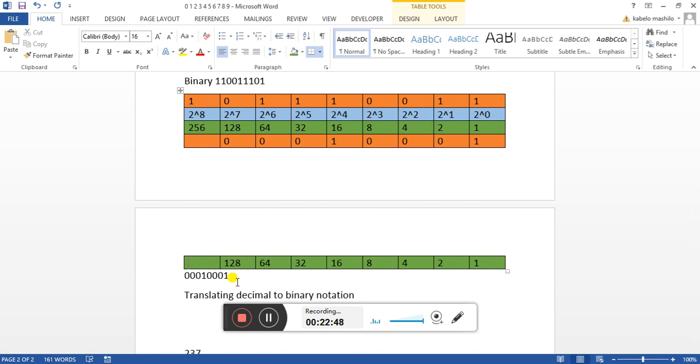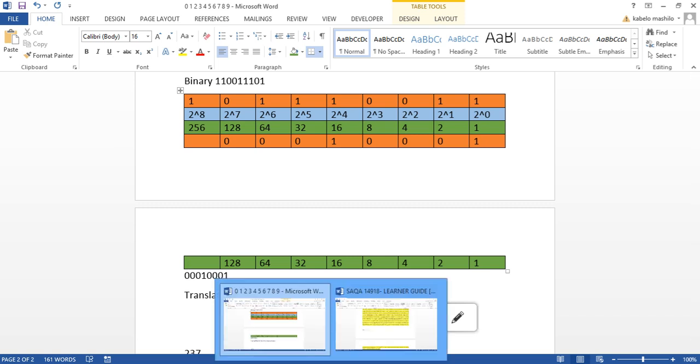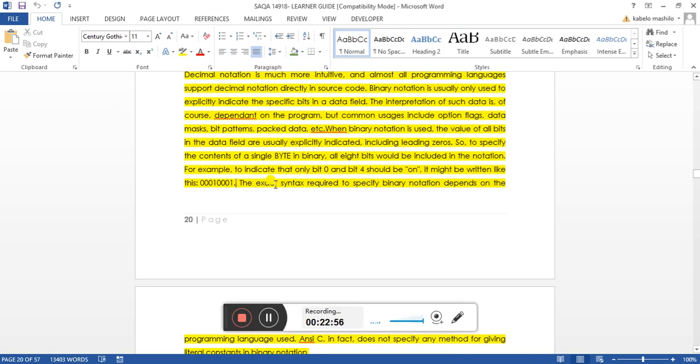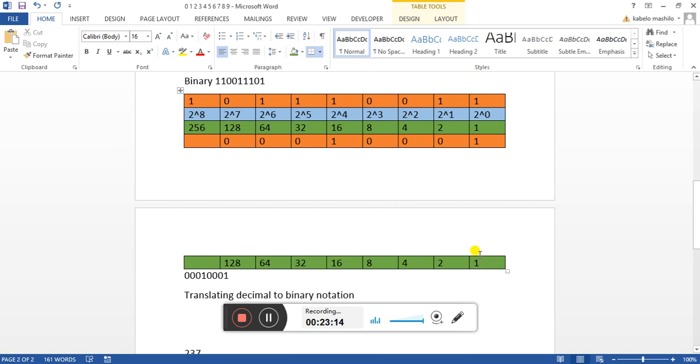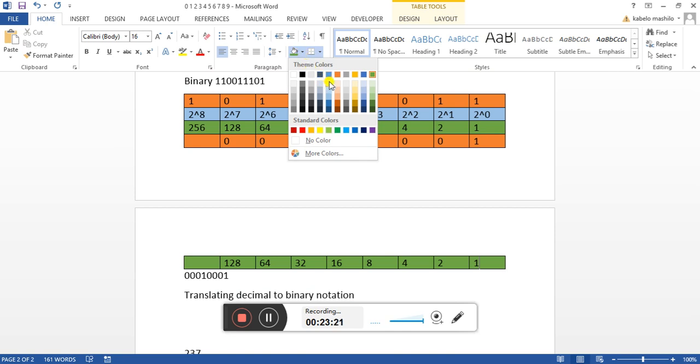So now our position: they want to indicate only position 0 and position 4 should be on. So position 0 and 1 2 3 4. Position 0, it's on. Let's use a different color.